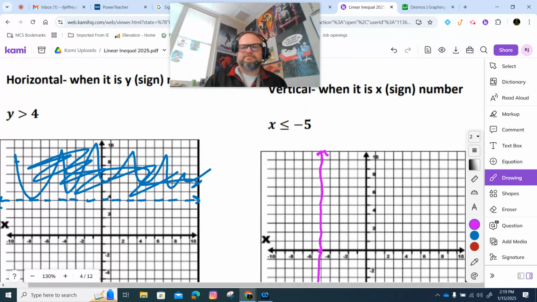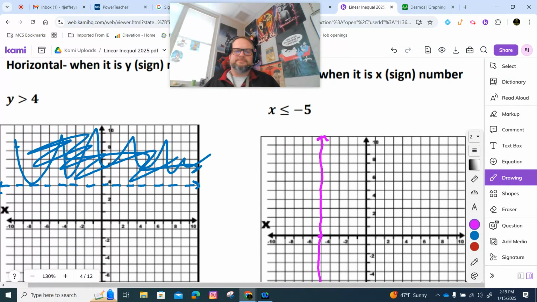And no, I'm not going to grade you on how straight your straight lines are. I want to know, is it solid or dotted? Okay. All right. So this is X is less than negative 5. Where are all the numbers that are less than negative 5? To the left or to the right?